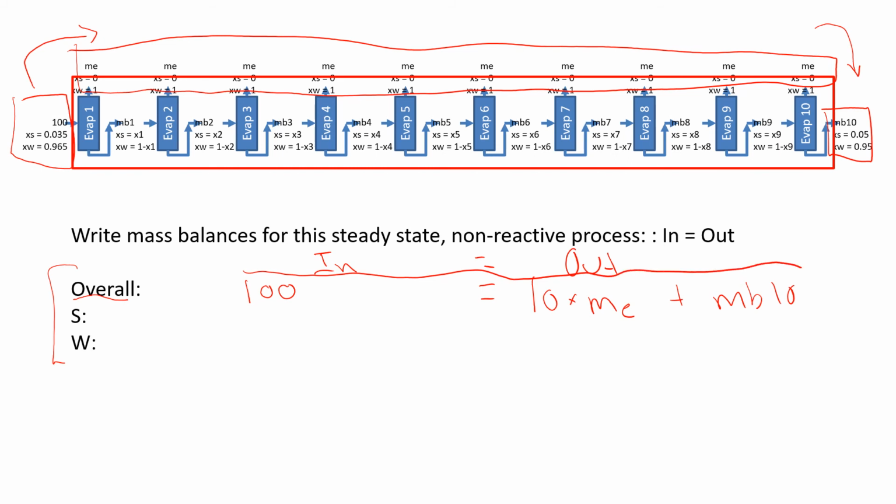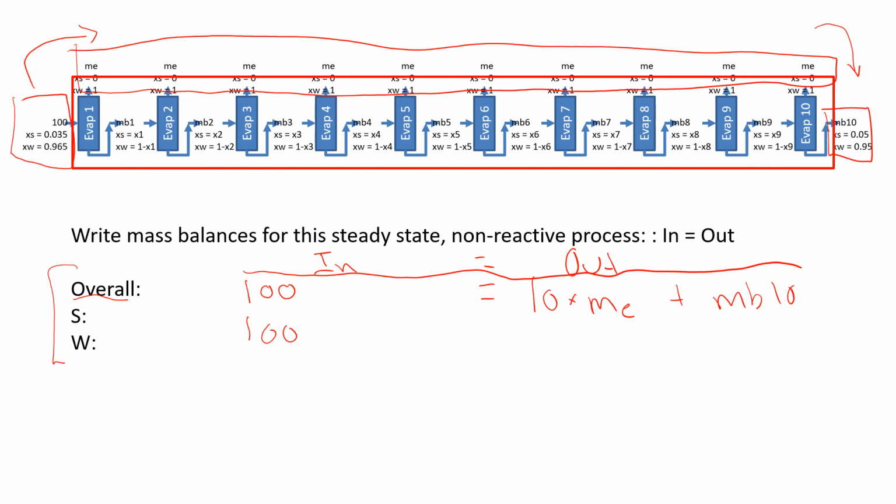Now let's do the same thing for salt and water, each of the components. Having written the overall balance, we can use that as a template for writing the component balances. All we have to do is take the flows associated with the inputs and outputs to this control volume and multiply each of those flows by the fraction of that component that's in that stream. So for instance, let's start here on the input side. We have 100 total coming in. In order to do a salt balance, I have to multiply that 100 by the fraction which is salt.